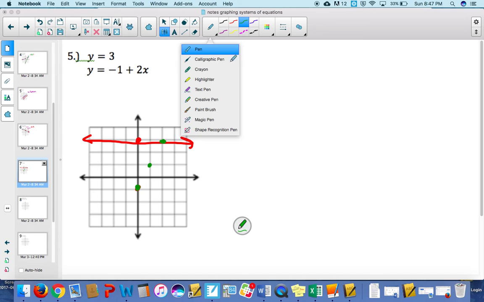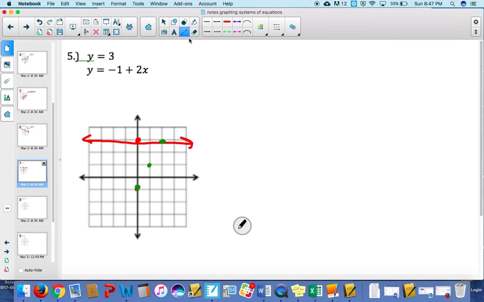And so there are 2 lines that are going to intersect. And the ordered pair here is over 2, up 3.